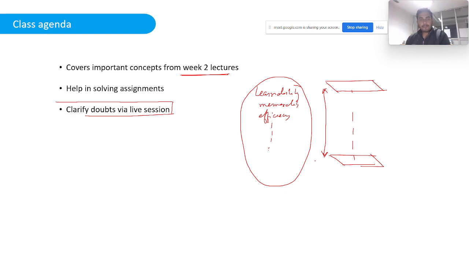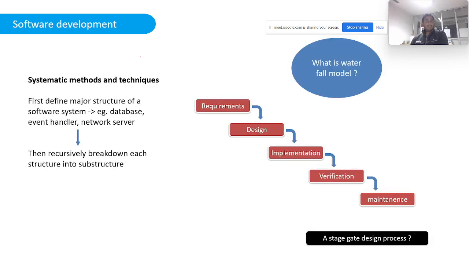Okay, fine. So in the second week of usability engineering, what you were taught is about how usability is related to software development. Okay, so let's start by giving some historical information.